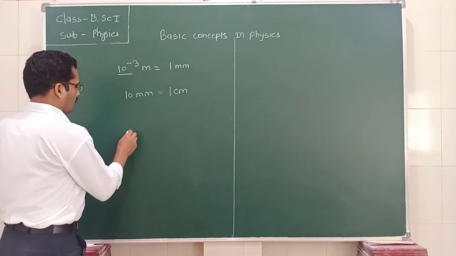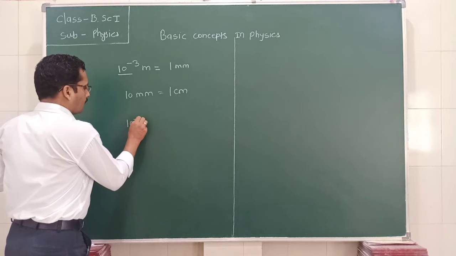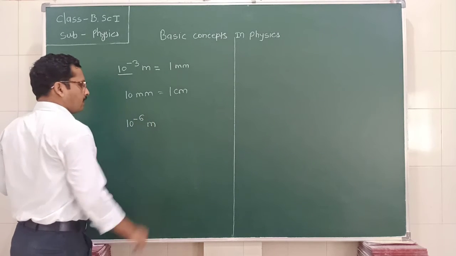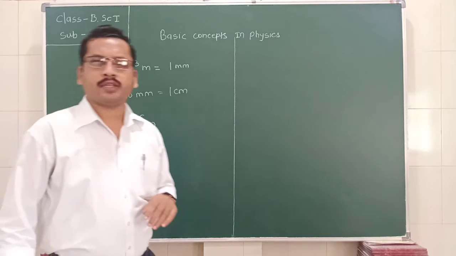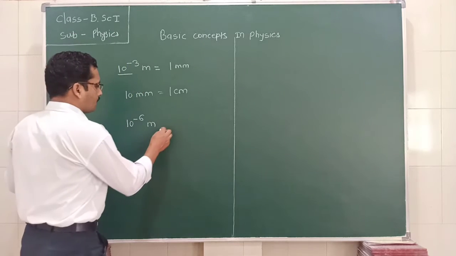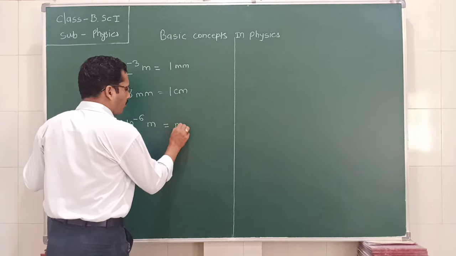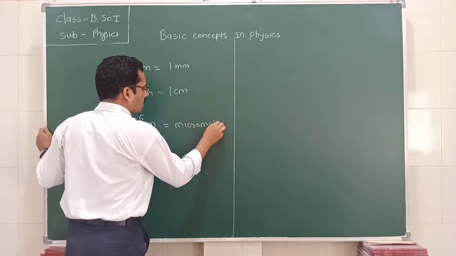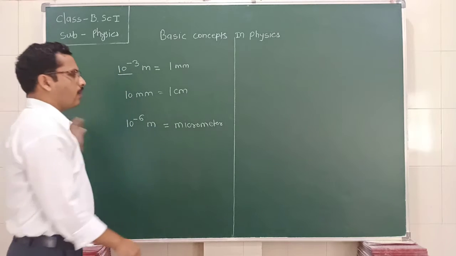Now 10 to the power minus 6 meter is called a micrometer.